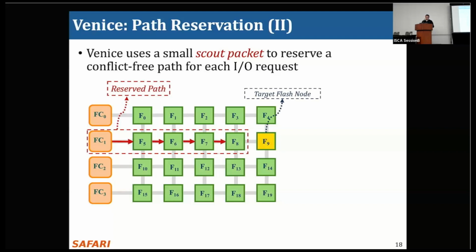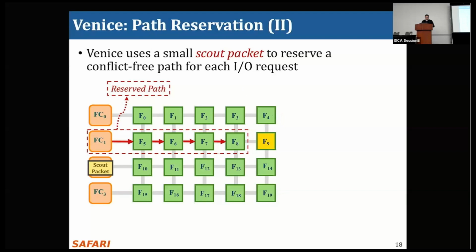Now, let's look at another example where the target flash node for an I/O request is F9. This I/O request would typically face path conflict in a commodity SSD because the channel is already occupied by another request. But in Venice, we can use any flash controller to send the request to the target flash node F9.